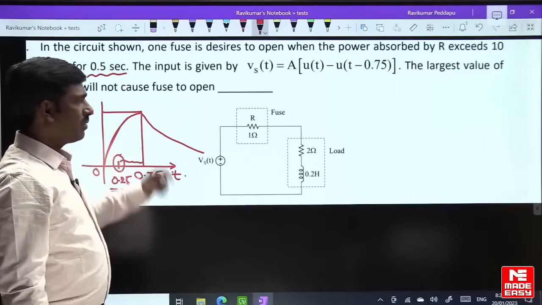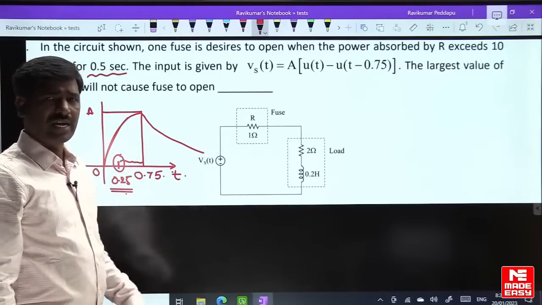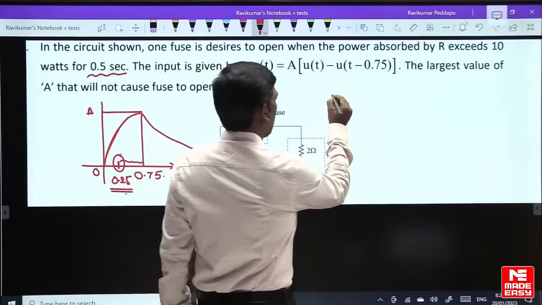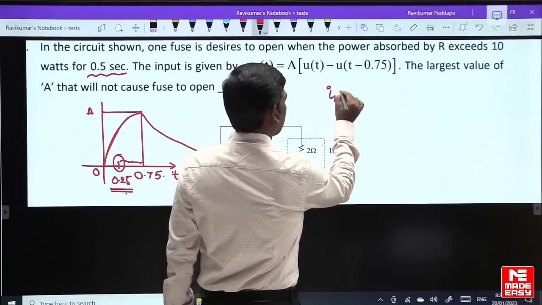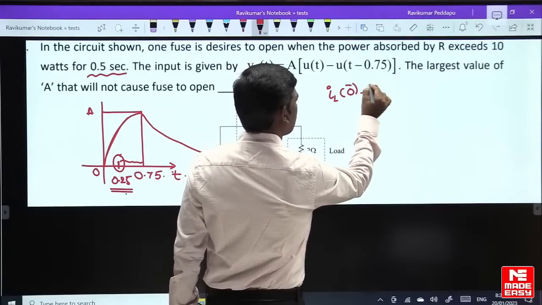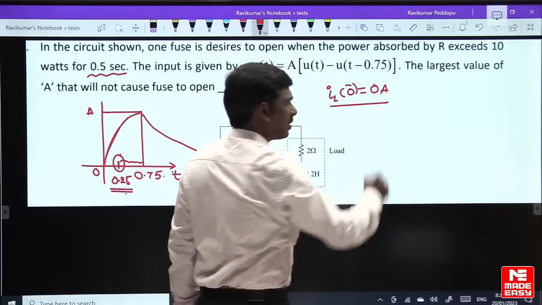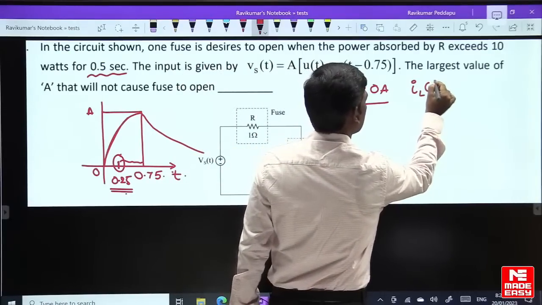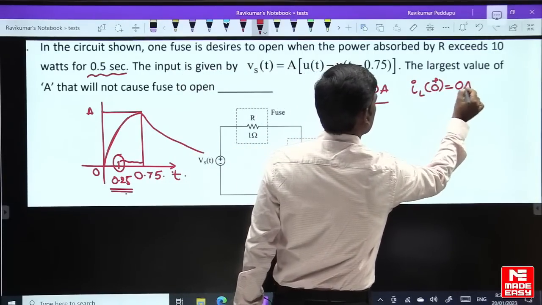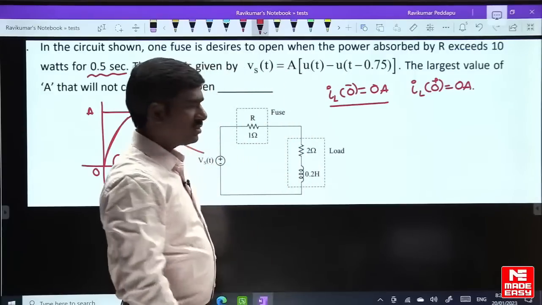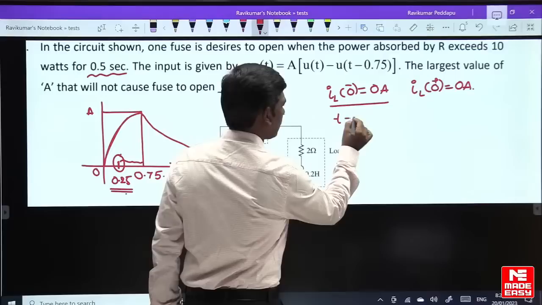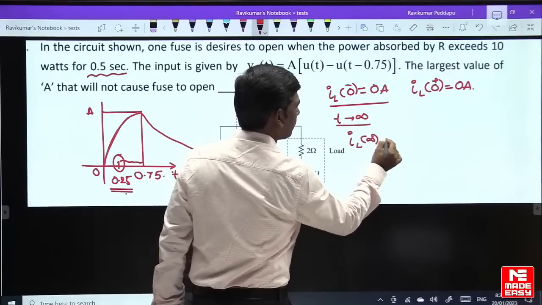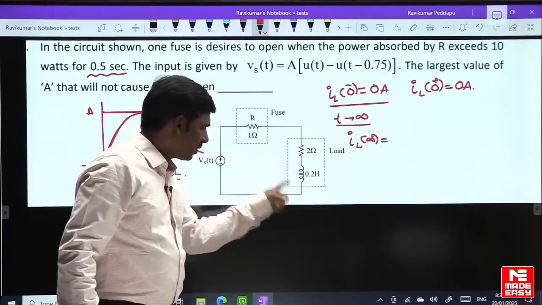In the step signal, what is IL of t? IL of 0 minus is equal to 0, and IL of 0 plus is also 0. What about IL of infinity, as t tends to infinity? The inductor becomes short circuited.